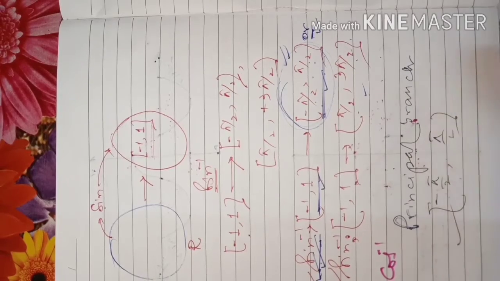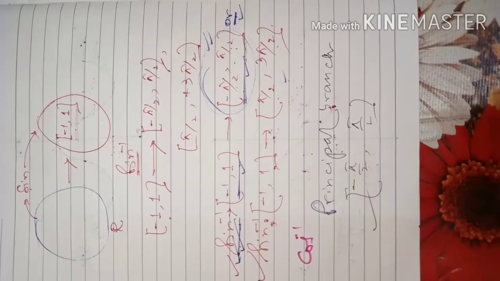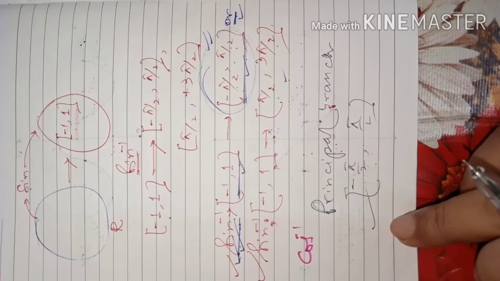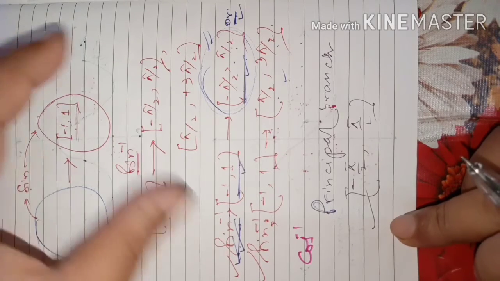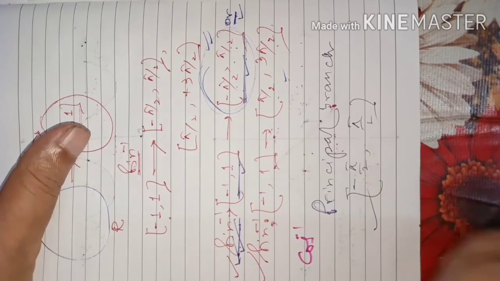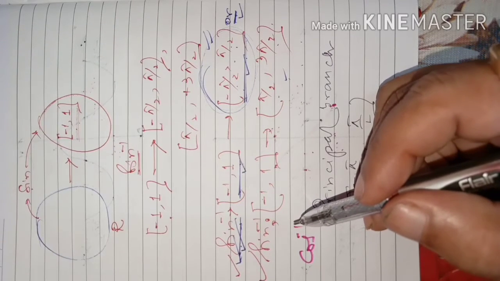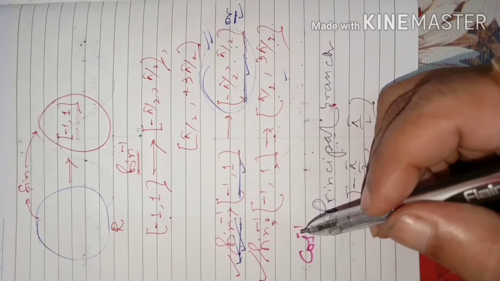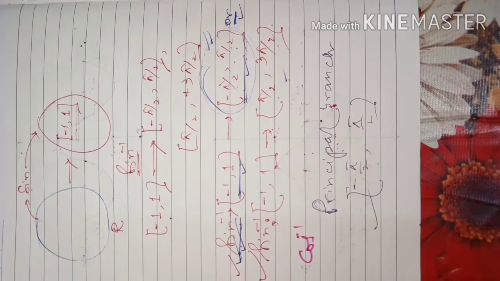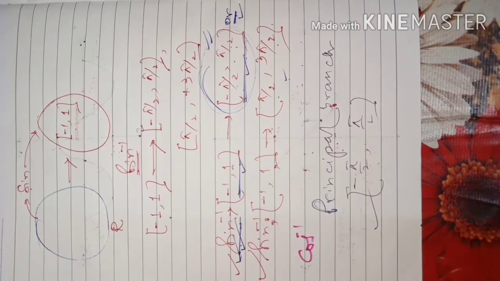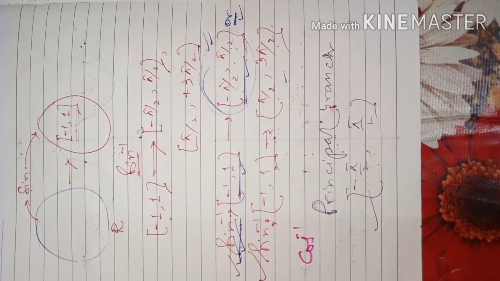I am not saying sine function, I mean the sine inverse function. The same way, the principal branch for cos inverse is different, the principal branch for tan inverse is different, and so on. Got the idea?